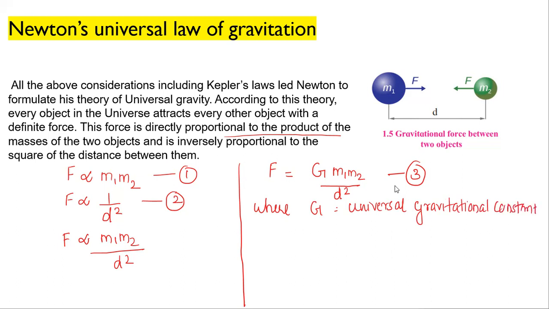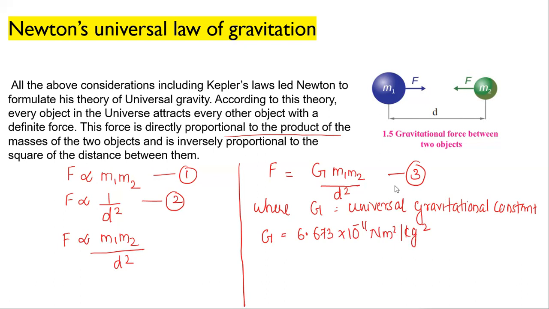This value will remain constant throughout the universe, and its value is found to be 6.673 into 10 raised to minus 11 Newton meter square per kilogram square, or you can write Newton meter square kilogram raised to minus 2.